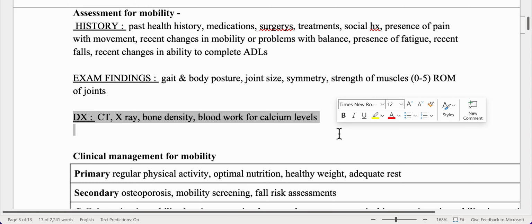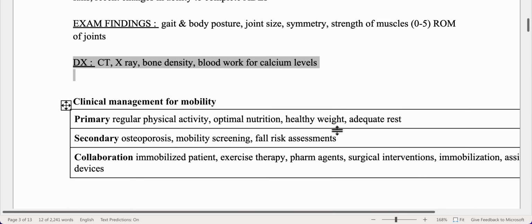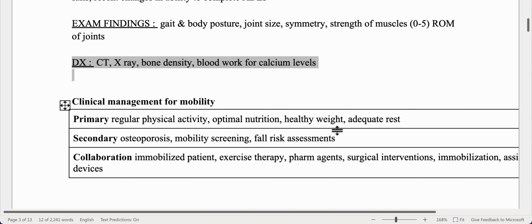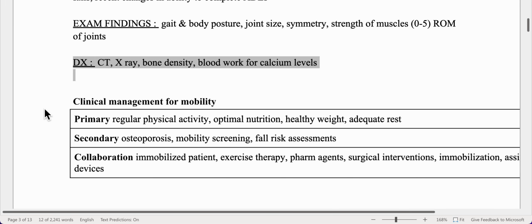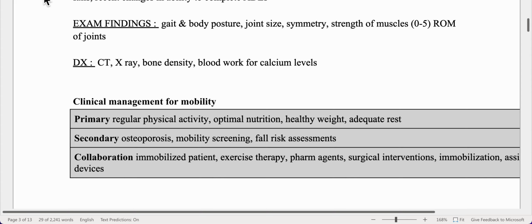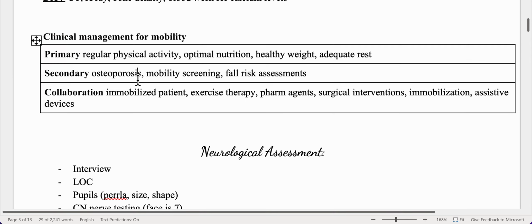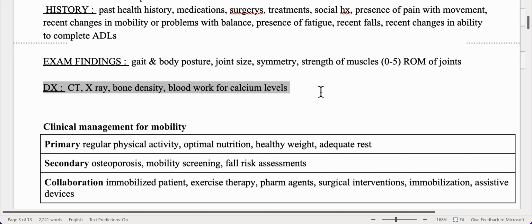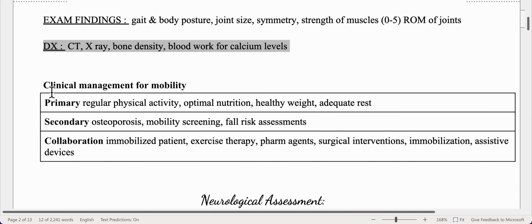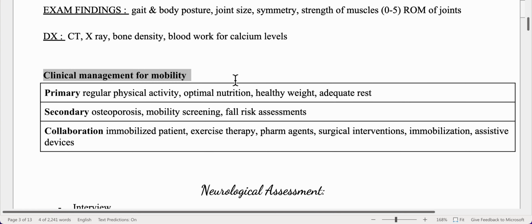Exam findings: gait and body posture, joint size, symmetry, strength of muscles, ROM of joints. Diagnostics: DEXA, CT, X-ray, bone density, blood work for calcium.